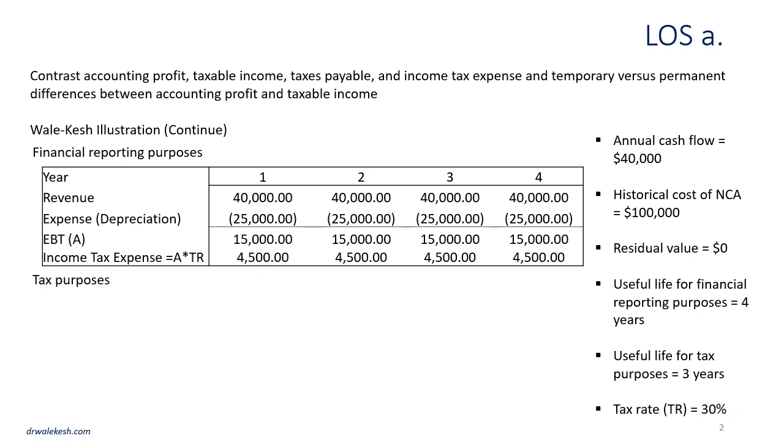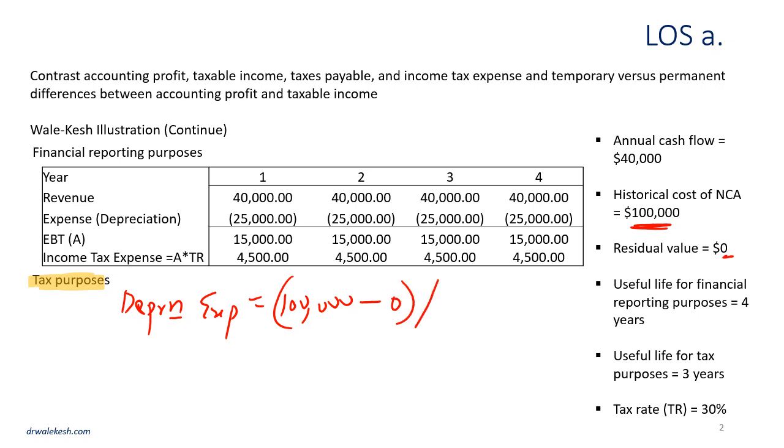Now, moving on to the computation for tax purposes. The first thing to compute here is the depreciation expense relating to tax purposes. It will be the historical cost of the non-current asset, which is 100,000 US dollars, then minus the residual value, which is 0, then divided by the useful life of the asset for tax purposes.